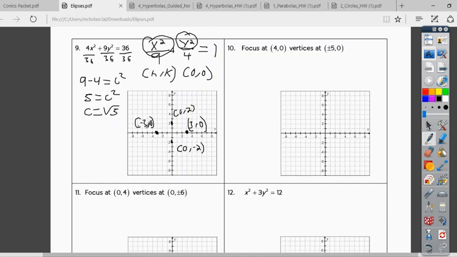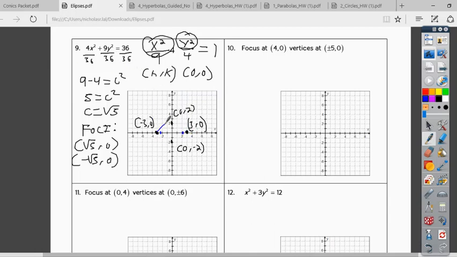So our foci for this horizontal ellipse is going to be at square root of 5, 0, and negative the square root of 5, 0. The square root of 5 is a little bit bigger than 2. So those are the foci.